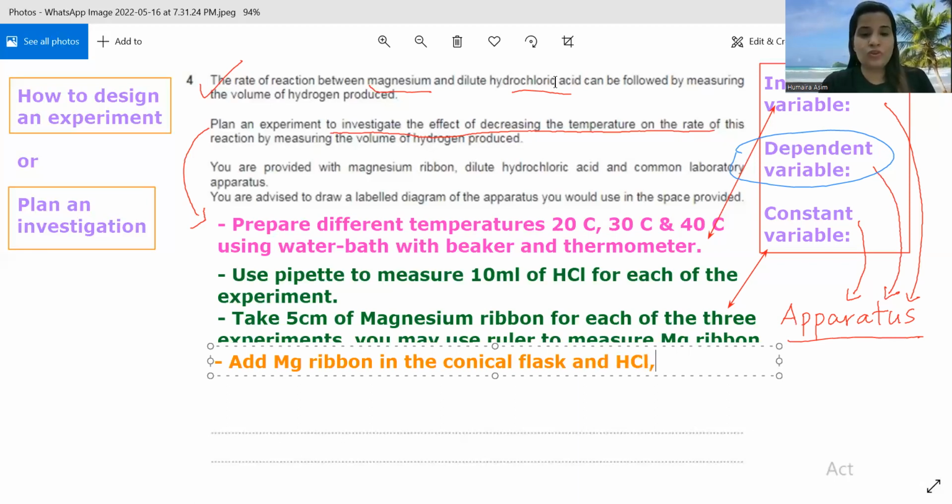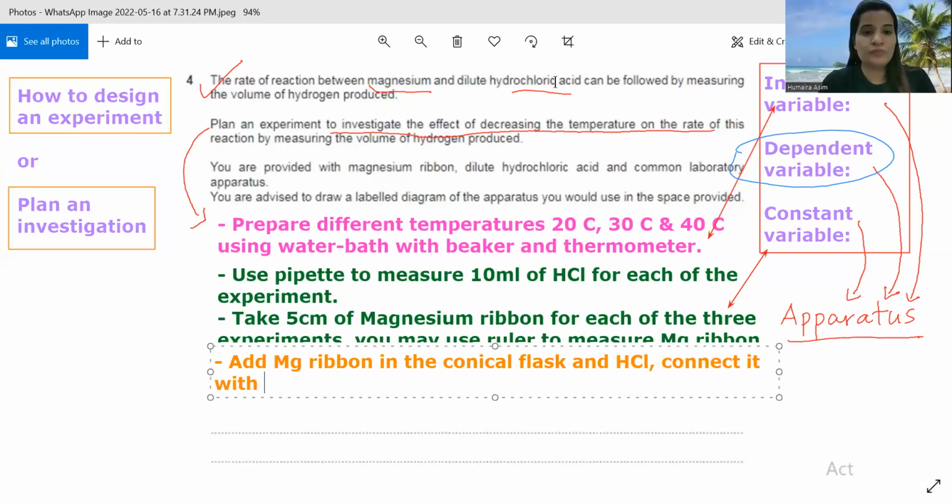Then you connect it with the gas syringe. It would be better if you also talk about pouring via a funnel, so that your gas will not escape. So add magnesium ribbon in the conical flask and HCl and connect it with the gas syringe.